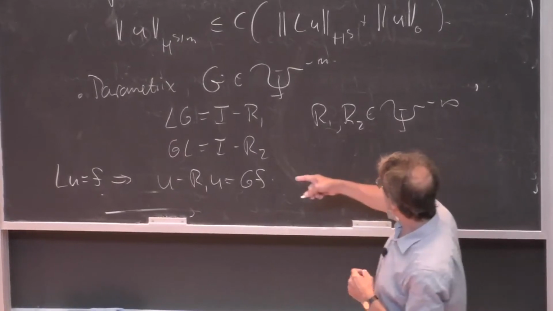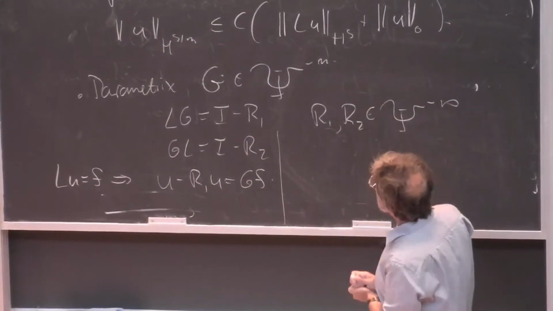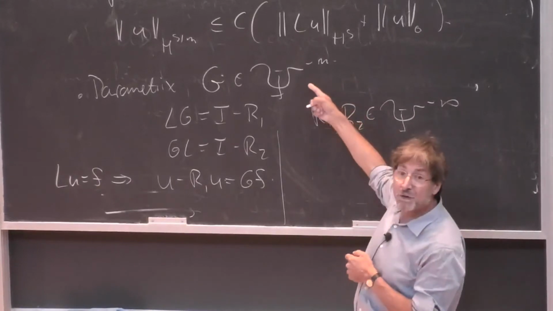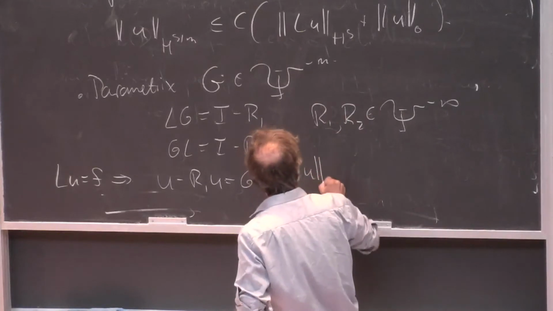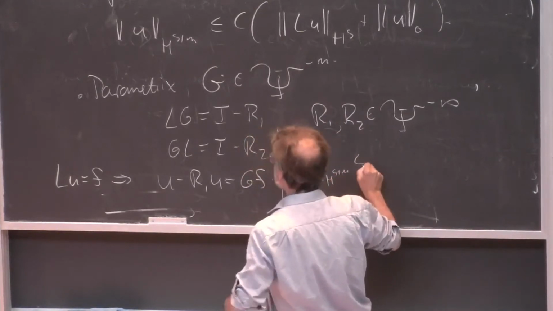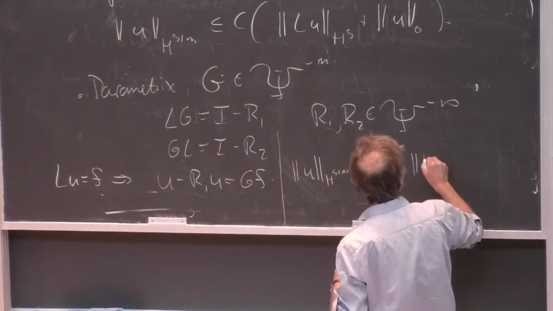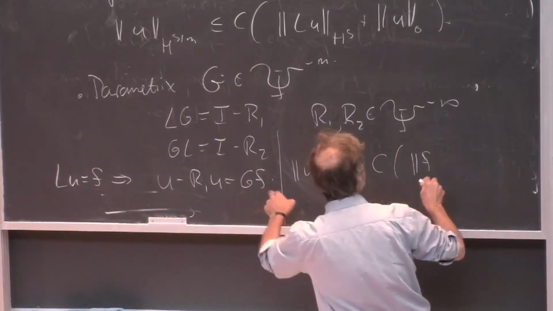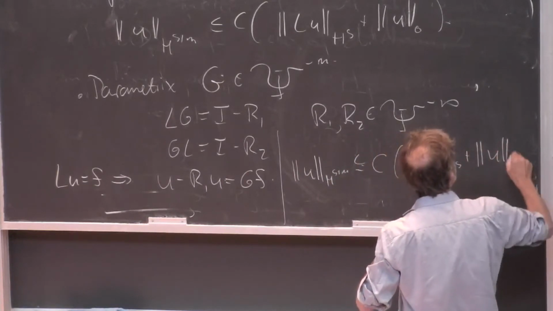Okay, and then if I just apply the boundedness property, so here I've just said the existence of a parametrix, but then I need to know that it's bounded between certain Sobolev spaces, for example. What I'll get is that the H^(S+M) norm of U is bounded by a constant times the H^S norm of F. That's using the boundedness of this guy, plus the L2 norm of U. Right?